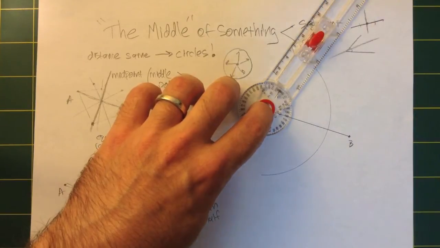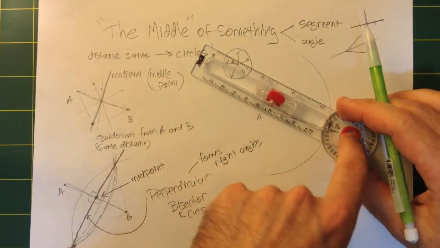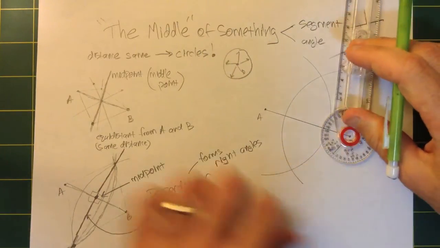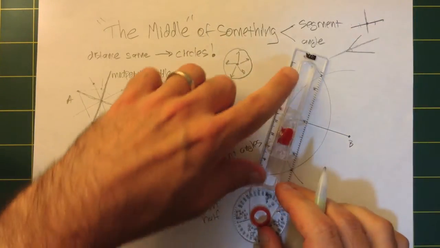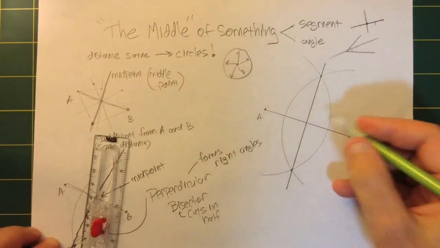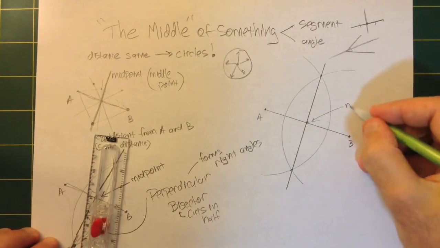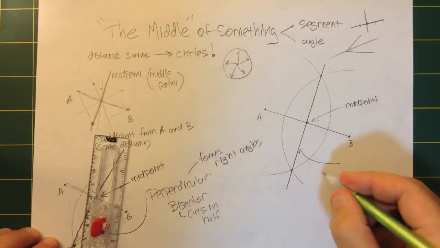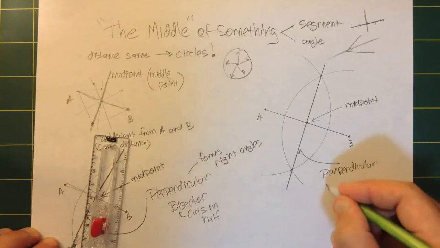So I'll swing my arc like that, come over to B, I don't adjust anything, pin myself there, and make the exact same arc. This point is important, this point is important. If I connect these two points, I get that, which is my midpoint, and I get this, which is my perpendicular bisector.